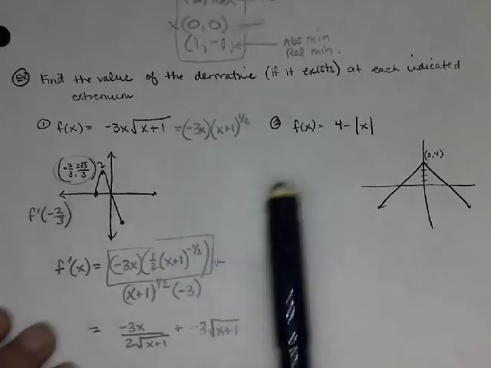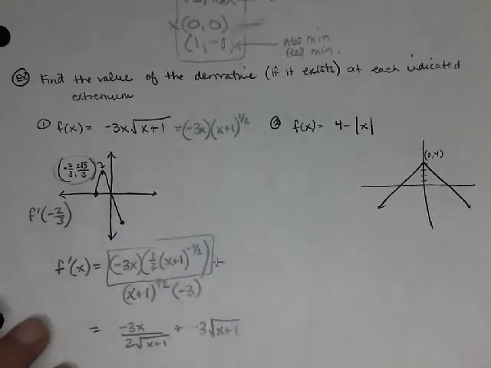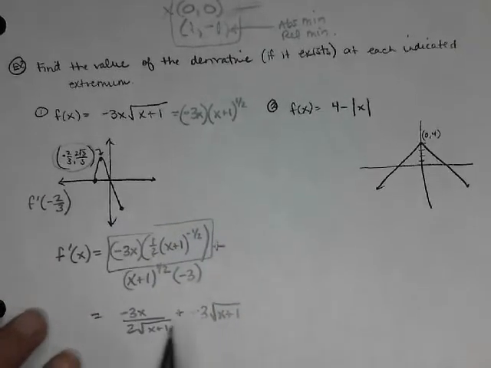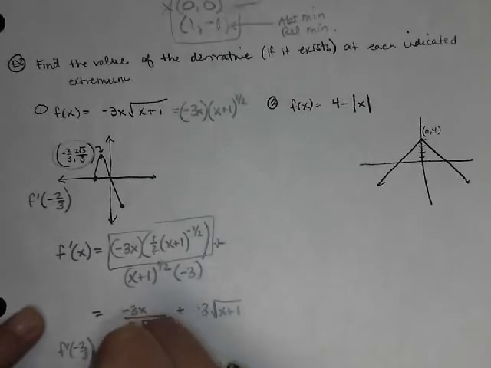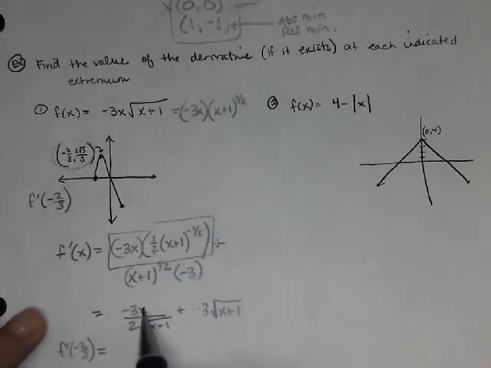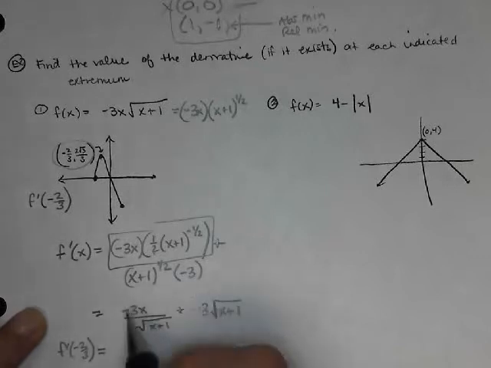And because this is just to evaluate, we don't need to simplify, we can just plug in negative 2/3. So negative 3 times negative 2/3.